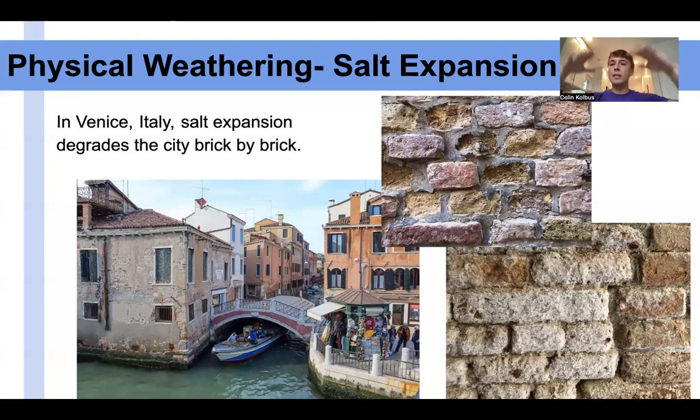It's exposing the bricks to a lot of seawater. It's washing away and then solidifying into salt, fracturing the brick, and eventually degrading the structural integrity of all of these buildings, all of these heritage buildings in this case. So that's a big problem and one that does not really have an easy solution, unfortunately.